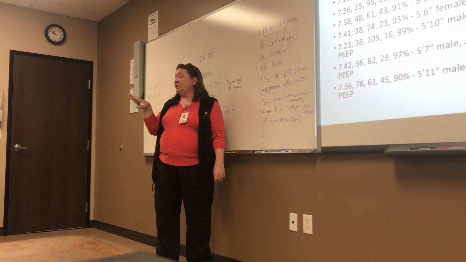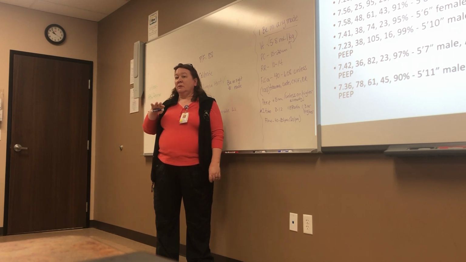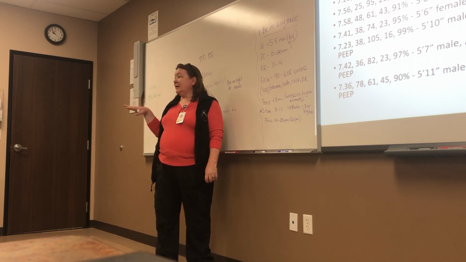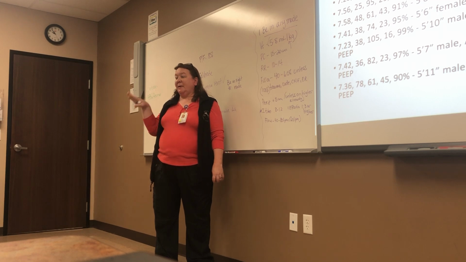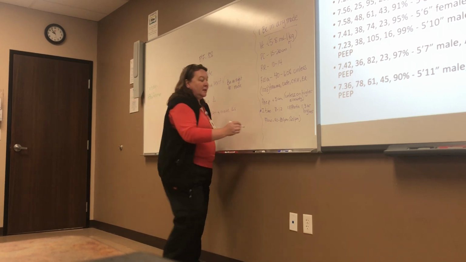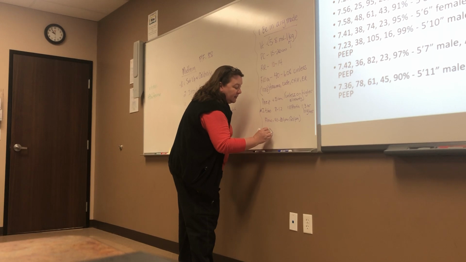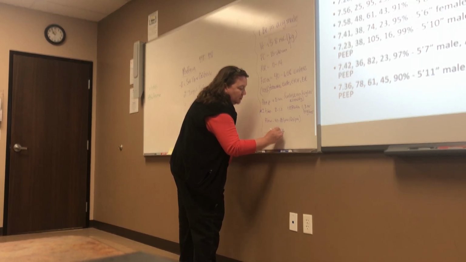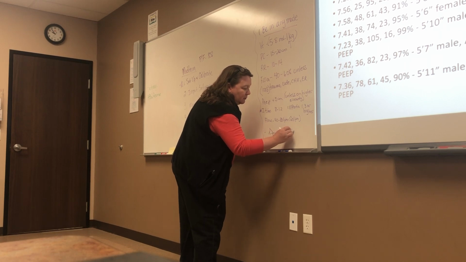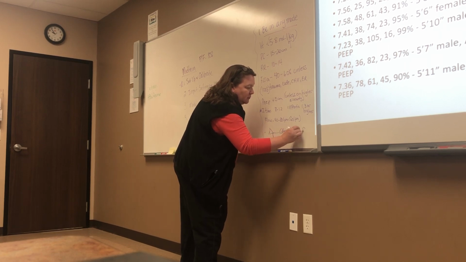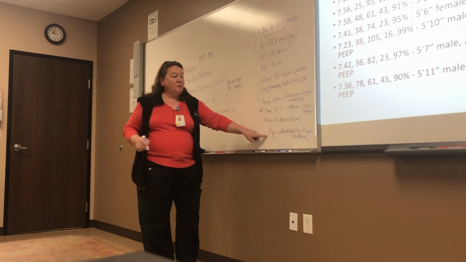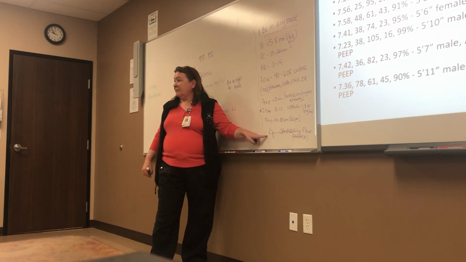And then yesterday you guys talked about that flow pattern, square and decelerating. Which one was better? Decelerating, if you can set it. Do you know which mode the decelerating defaults in?